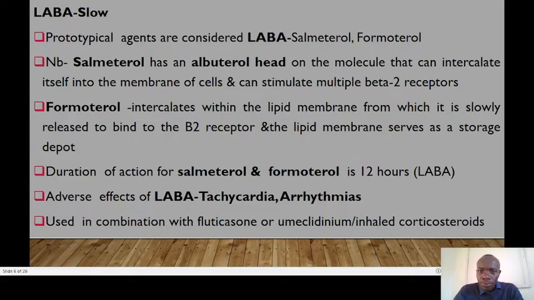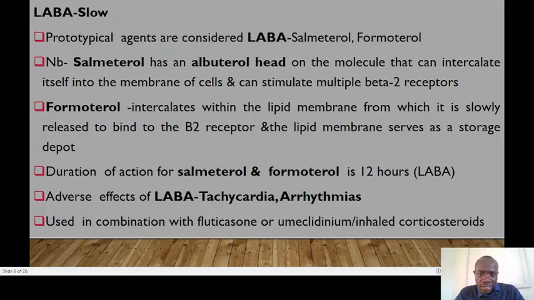And the prototypical drugs here could be salmeterol and formoterol, right? So salmeterol has an albuterol head on the molecule and a tail that can intercalate itself into the membrane of cells, and this can stimulate multiple beta 2 receptors.